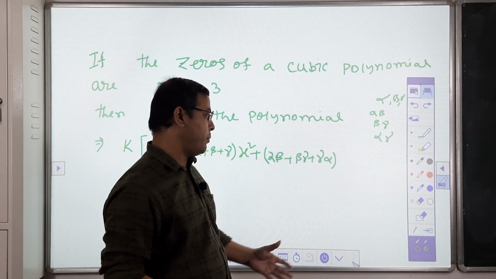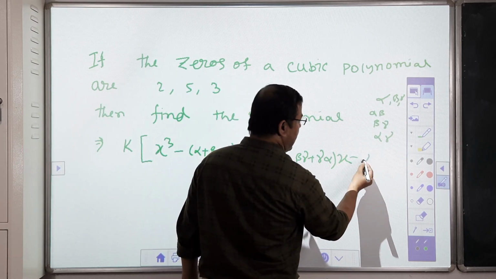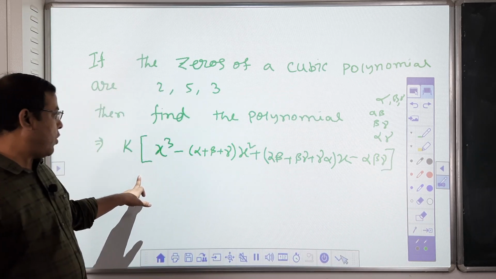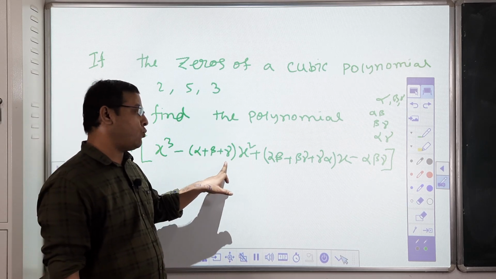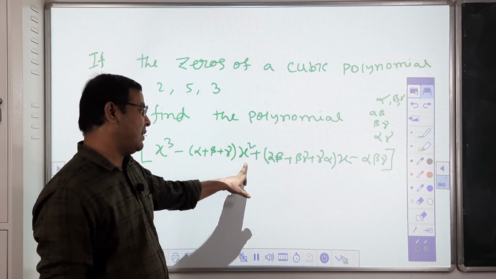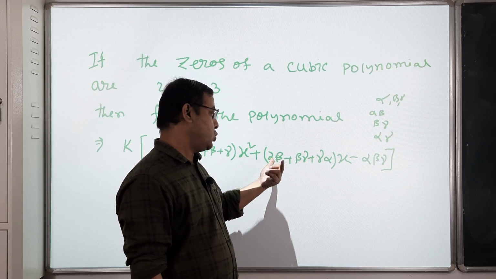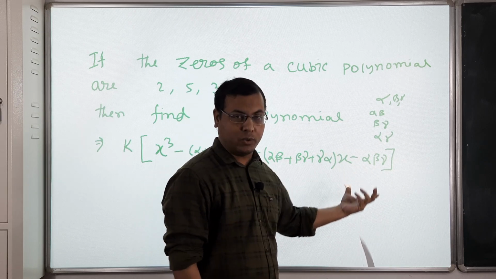This is into x minus alpha beta gamma. So the general form is k into x cube minus sum of the zeros into x square plus sum of products 2 at a time into x minus product of 3 zeros.